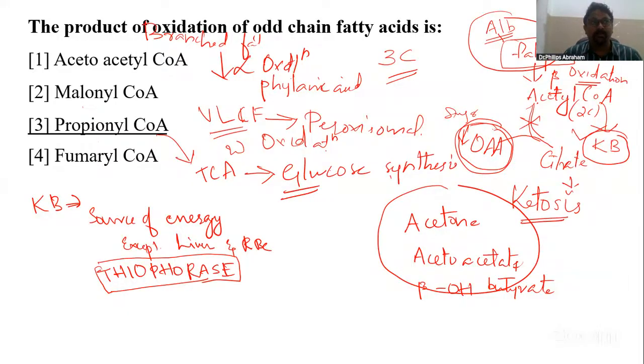So after the ketone body is synthesized, it goes out to other cells, and other cells utilize ketone bodies instead of glucose for energy. Ketosis mainly happens during 2 conditions: uncontrolled diabetes mellitus and prolonged starvation.